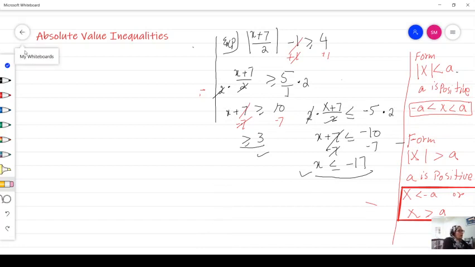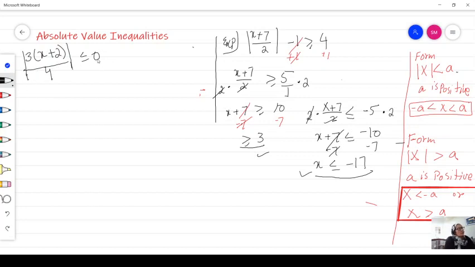Okay, now up here I have (3x plus 2) divided by 4 less equal 0. Now in this case it's less equal 0. My absolute value expression is already isolated, so I'm okay here.